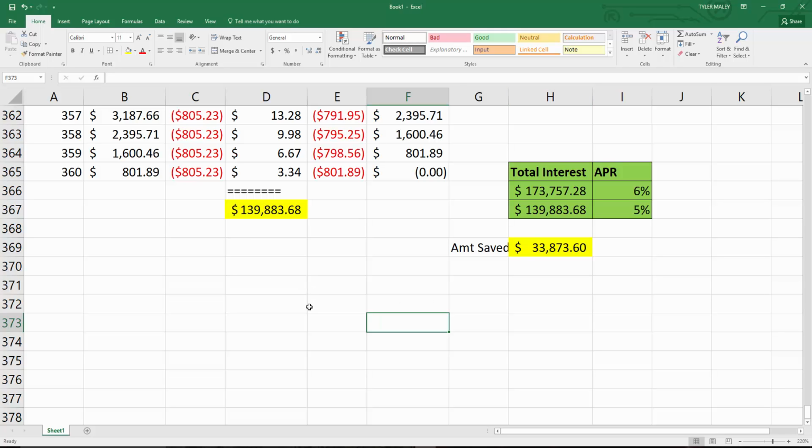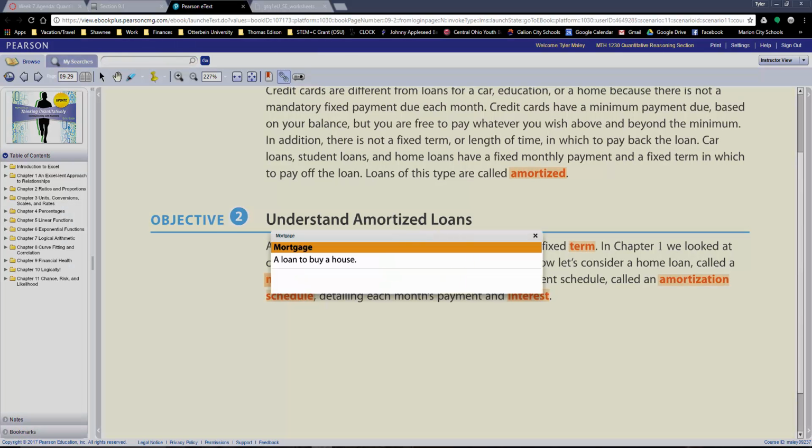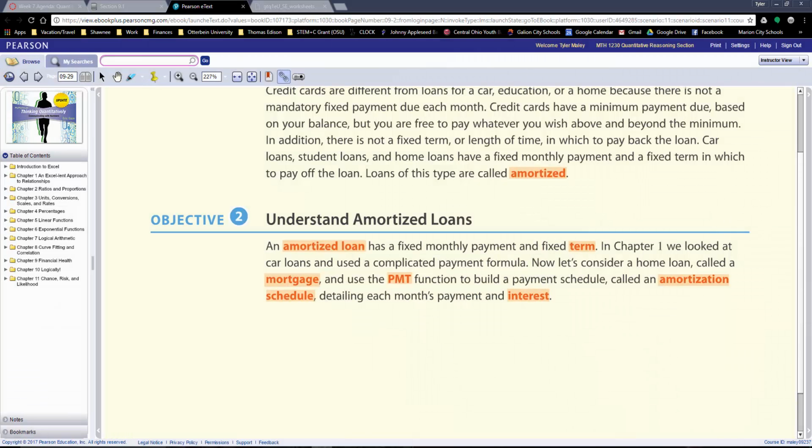Make sure you're reading the text, and if you're not sure about a particular term, don't forget our textbook is really great. You can use that search bar feature right at the top, and remember, every box that looks like this is a term. You can just click on that and the definition of the term pops up. All right.